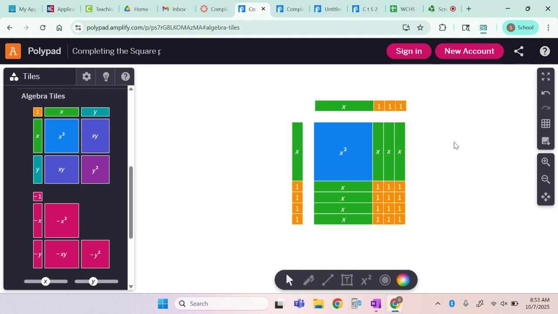So if I take the side length, this side length is x. This side length is all ones. There's 4 ones. So x plus 4 is on this side. This side length is x. This side length is 1, but there's only 3 of them, so x plus 3. So remember, even though it may line up perfectly, it's not necessarily a square unless both sides are equal.